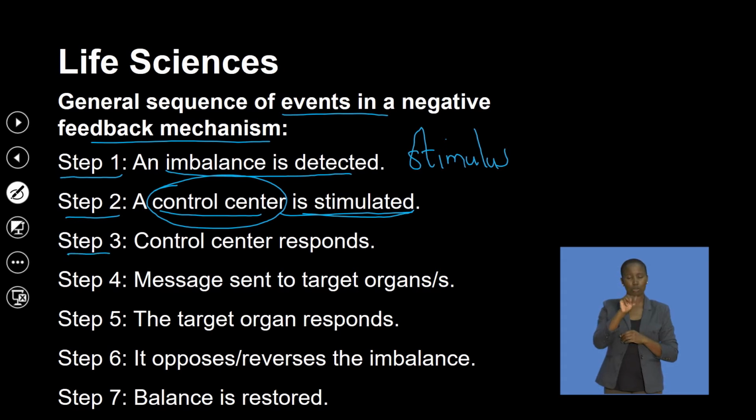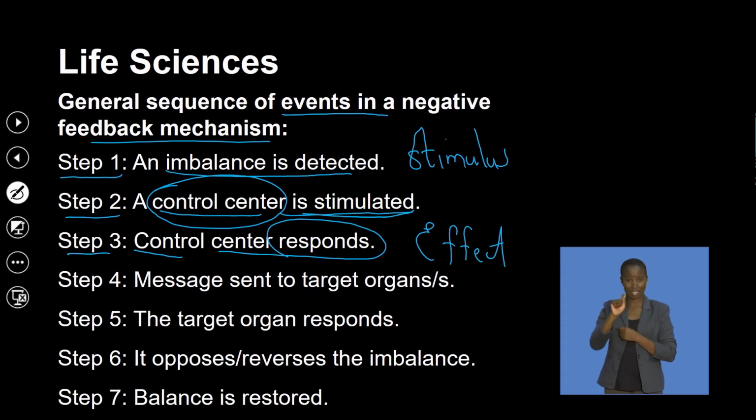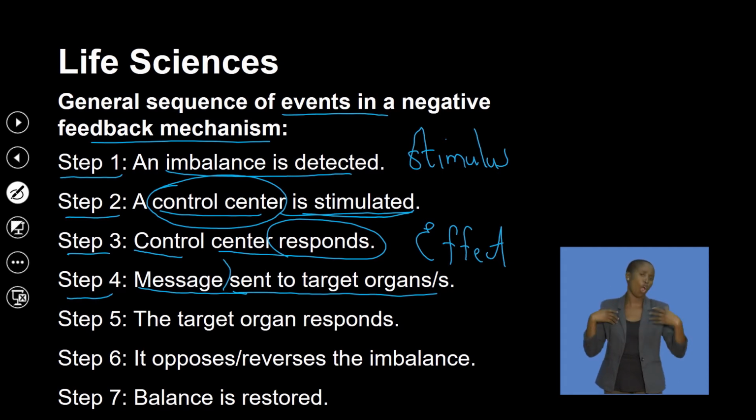The third step is that the control center responds to that stimulus. The control center will send out an effect. The fourth step is that a message is sent to the target organ in the form of either a nerve impulse or an endocrine hormone.